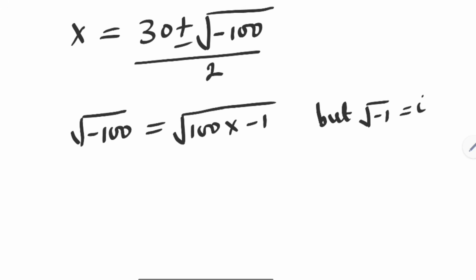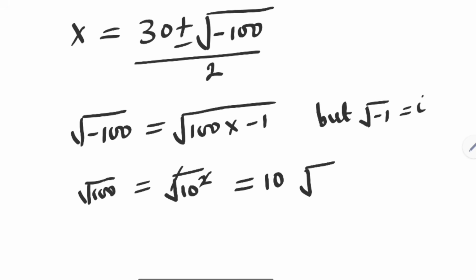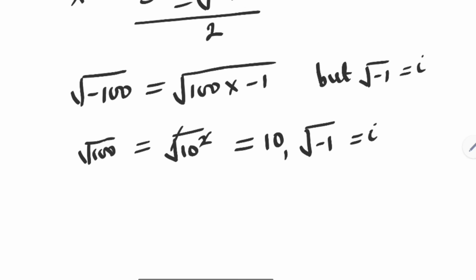Then square root of 100 is equal to square root of 10 squared, this cancels this. This is equal to 10. Then square root of minus 1 is equal to i. Therefore, square root of minus 100 is equal to 10i.